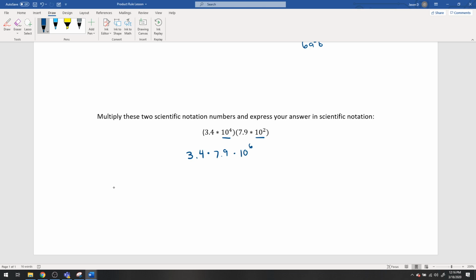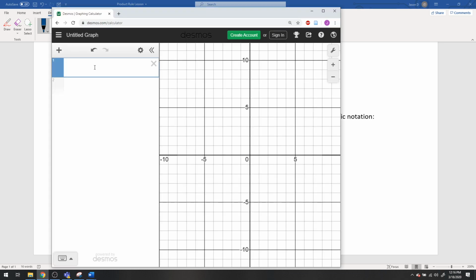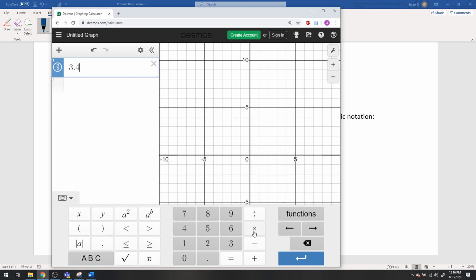Multiplying them together, we have 3.4 times 7.9 times 10 to the sixth power. Break out a calculator, figure out 3.4 times 7.9, we get 26.86.